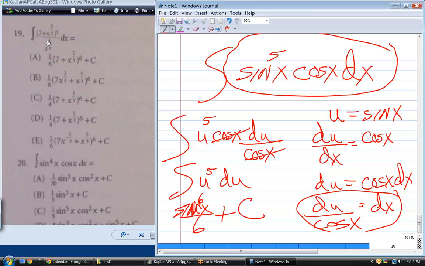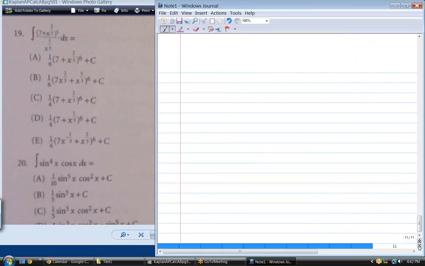Well, notice, what would I let u be in the problem that we're looking at? In other words, if I decide to use u substitution, what's u going to be? 7 plus x to the 2/3?